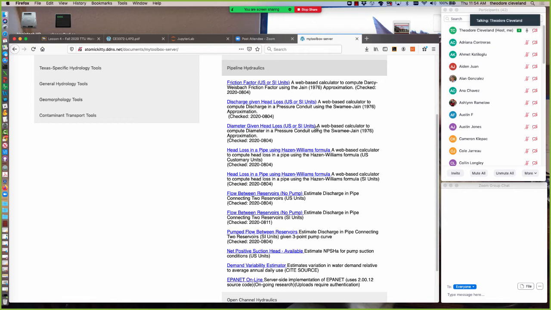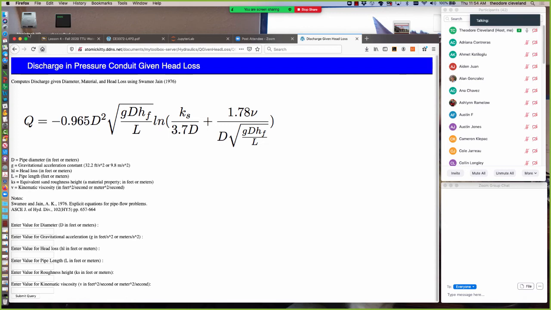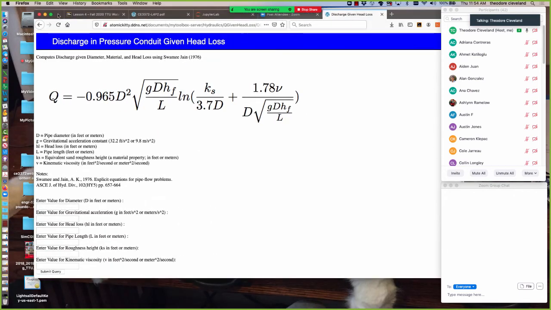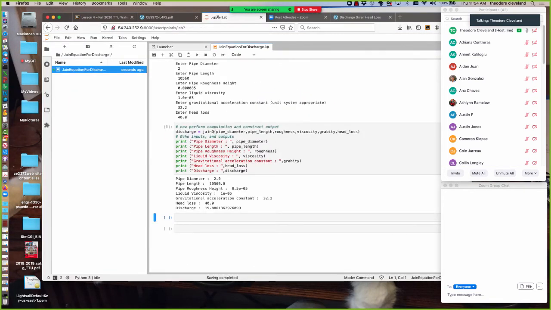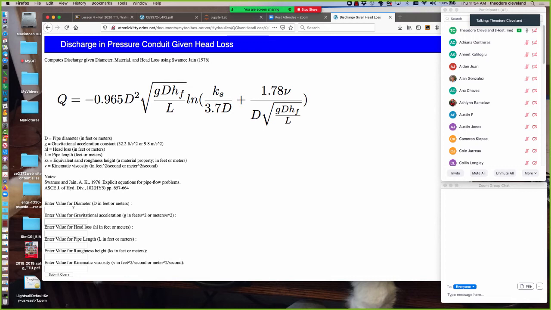And here we have a web-based calculator to compute discharge in a pressure conduit using the Swamee-Jain approximation. So we'll select that, and our life is easier. Let's enter the same values and see if we get the same answer. So 2.0, 10,560.